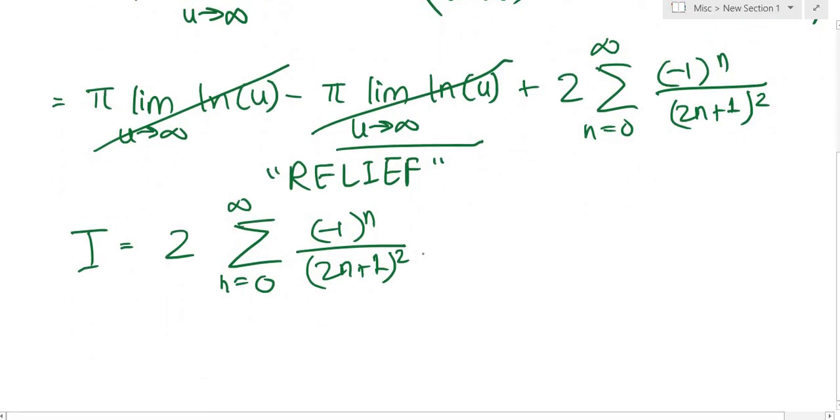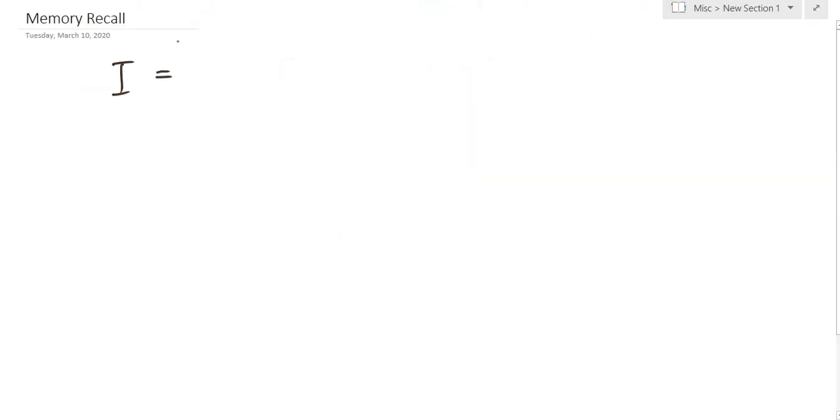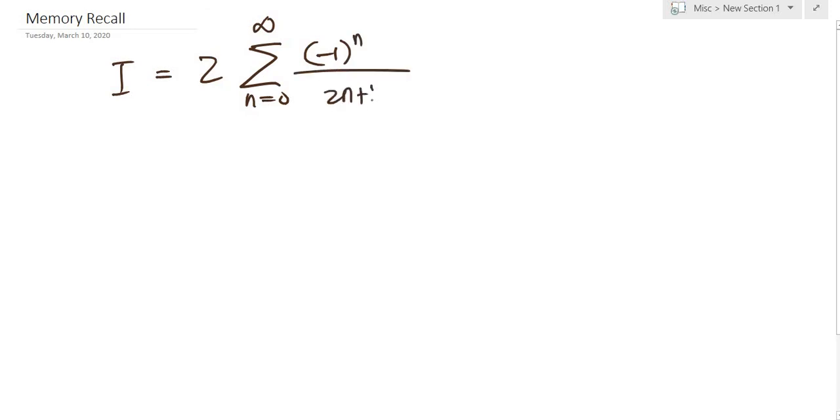So let's see what we can do with this now. We had our original integral I as 2 times the sum from n equals 0 to infinity of negative 1 to the n over 2n plus 1 term squared.